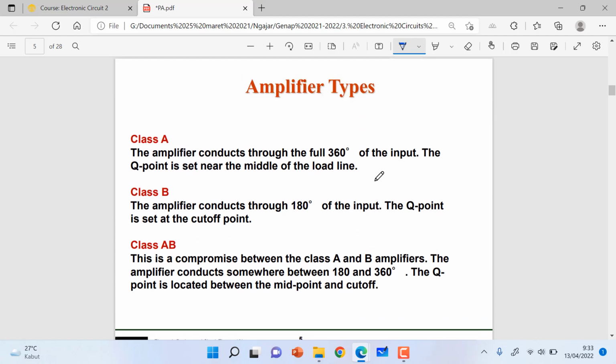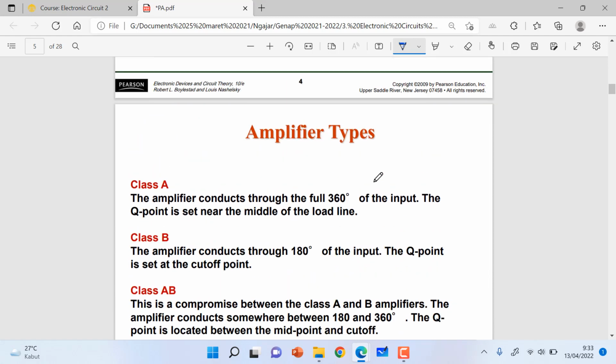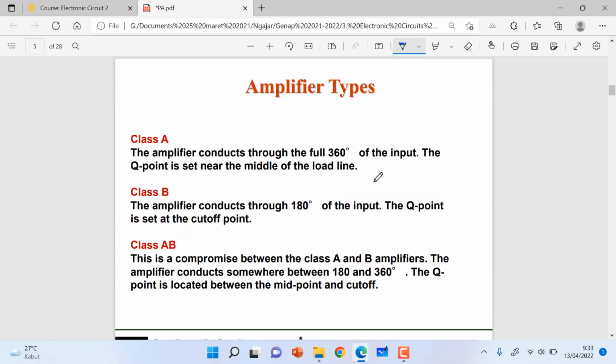Okay, and then these are the amplifier types. We have class A, class B, and class AB. Class A: the amplifier conducts through the full 360 degrees of the input, and the key point is set near the middle of the load line.